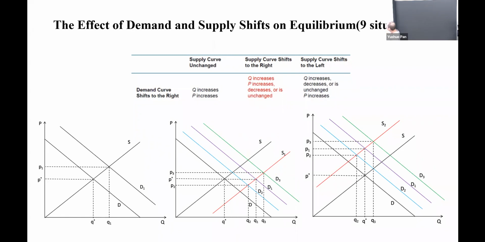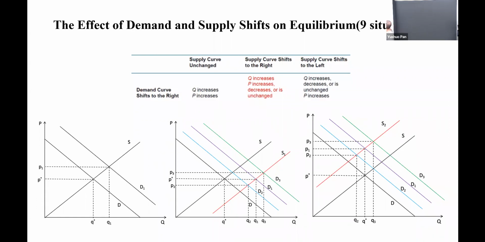If the demand curve shifted by a smaller amount, then the new intersection is between the blue line and the red line. You can see the price increased from P star to P2, but the quantity decreased from Q star, the previous equilibrium, to Q2. If the demand curve shifted by a larger amount, then both the price and the quantity will increase.